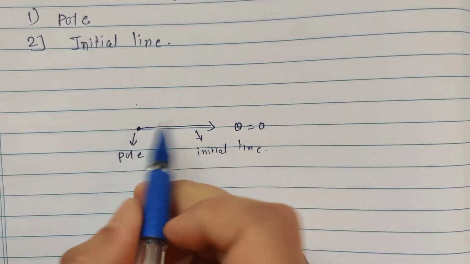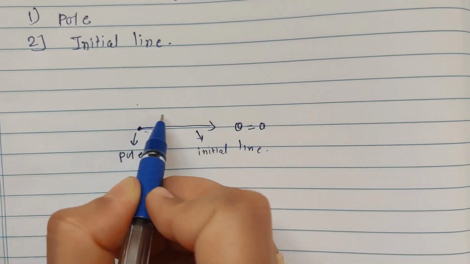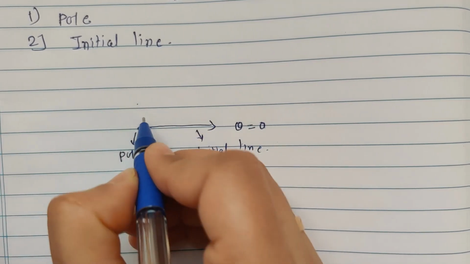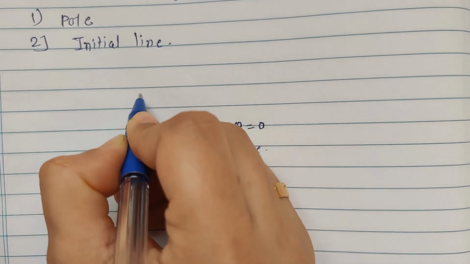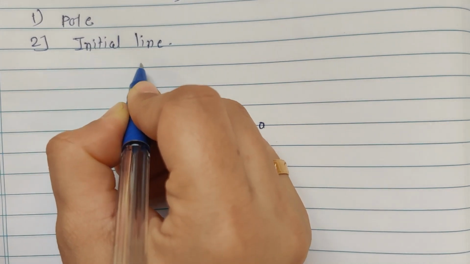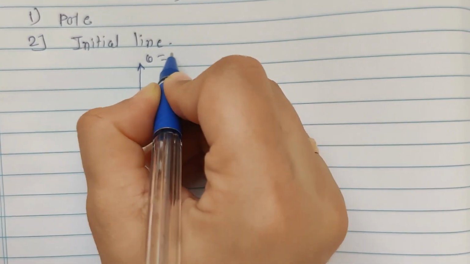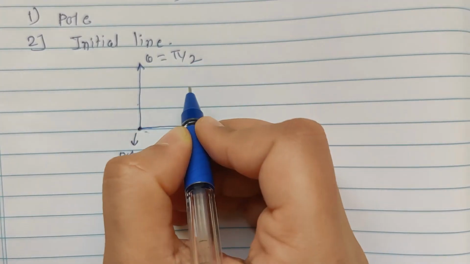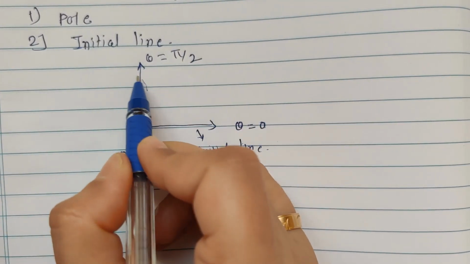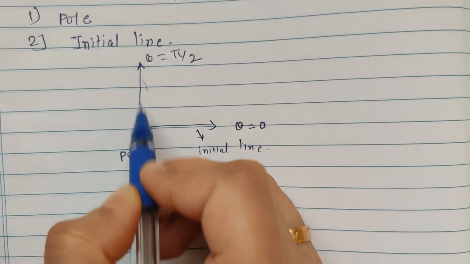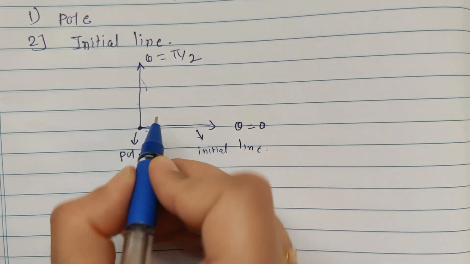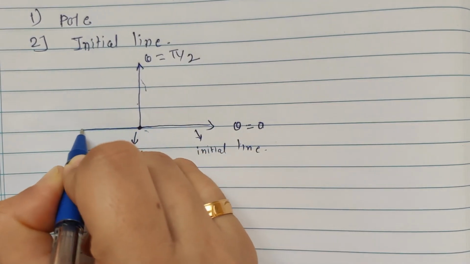Now when I rotate this initial line by 90 degrees, what will I get? This one, right? I will label this theta is equal to pi by 2. Again I rotate this line by 90 degrees and I get this line.